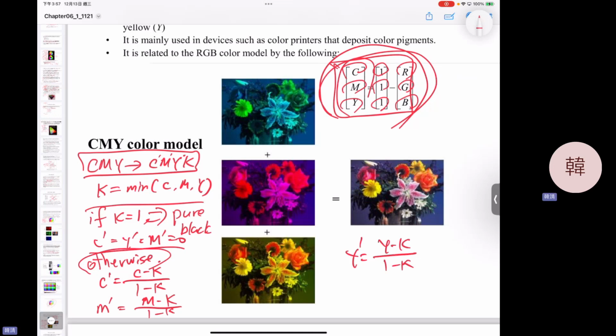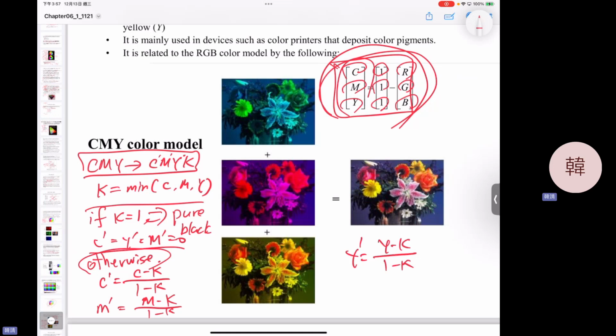If your K is not 1, there is a minimum of these colors, C, M, Y. So K should be less than 1, right? So 1 is bigger than K, and C minus K. Can you add them up together? C, M, and Y add up together.